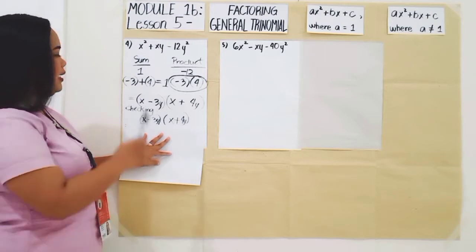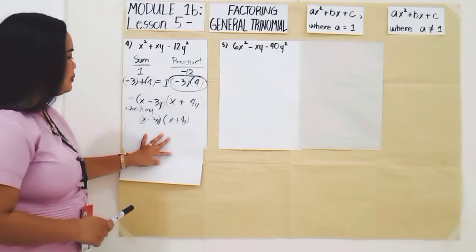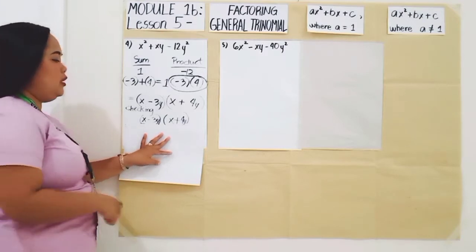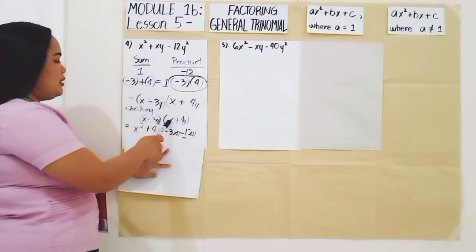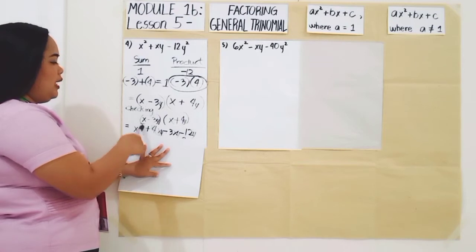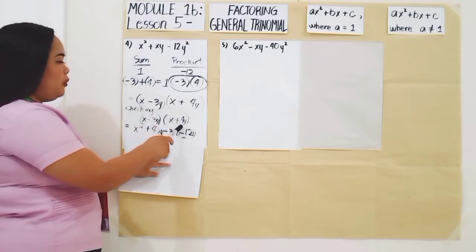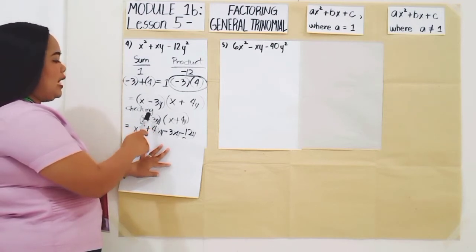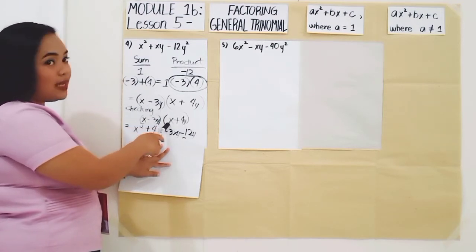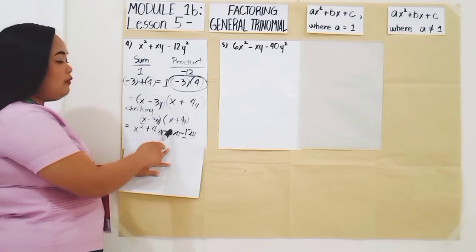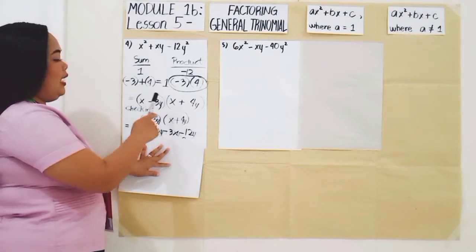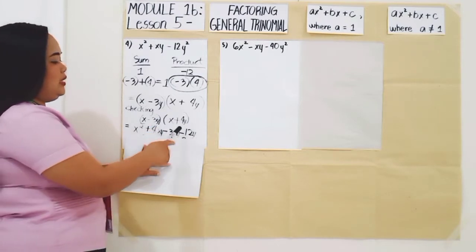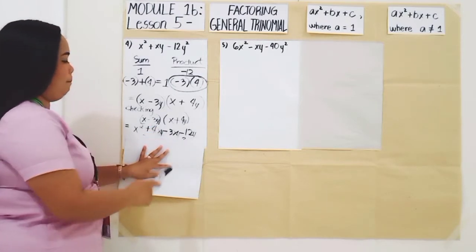So you multiply the two binomials using what method? FOIL method. So x times x is x squared. X times 4y is 4xy. -3y times x is -3xy. -3y times 4y is -12y squared.